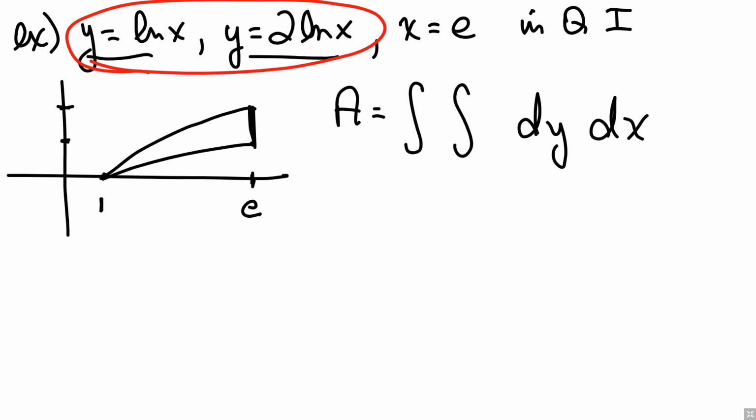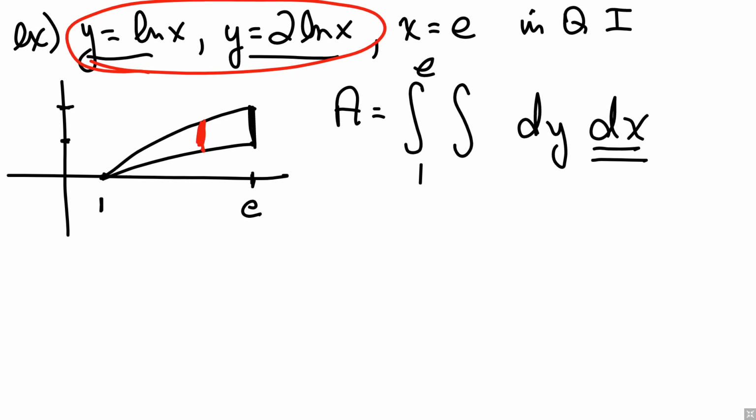Now, if you look at the graph, we have the values of x set up. So what's the lower x value and what's the upper x value? 1 to e. Okay. And then for y, we're basically just doing top minus bottom.